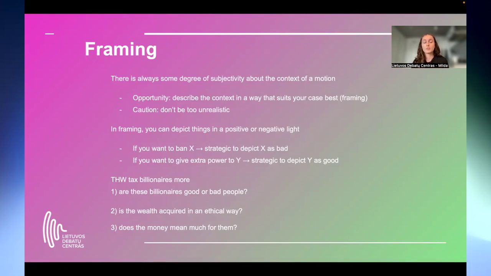And does that money mean much to them? This is where the consideration of taxation comes in. So think about these things. Answering questions about characterizations and framing can then help you brainstorm good arguments because you have a quite solid foundation to lay them on.